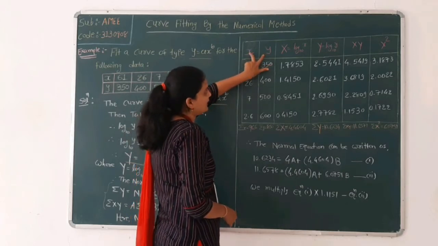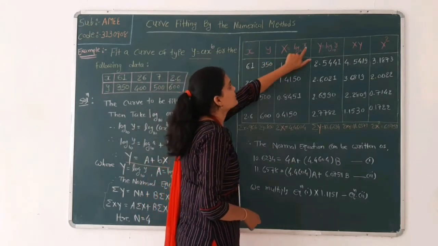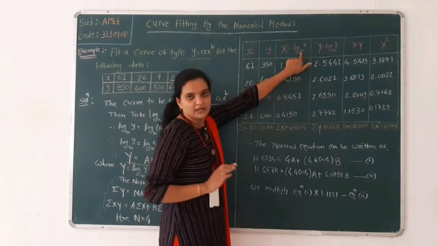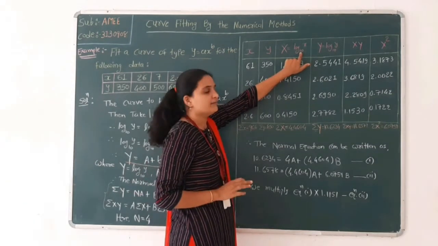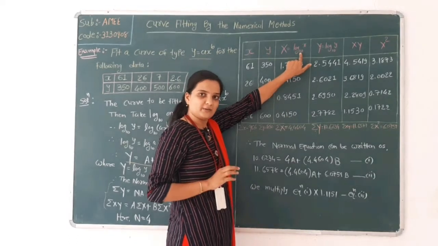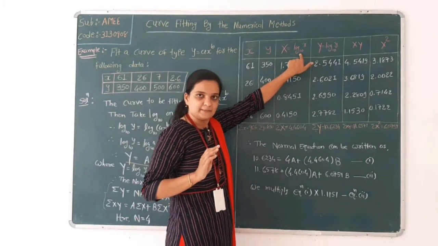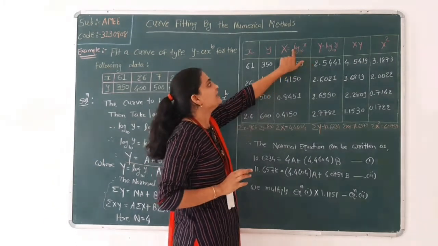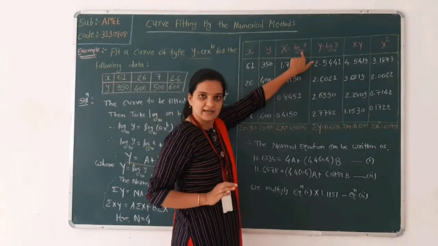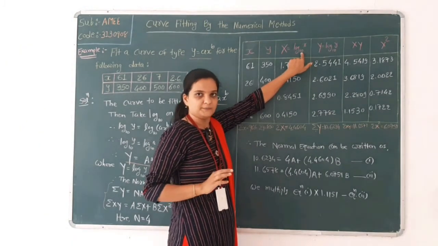From both values, we find capital X equals log small x to the base 10. If we have been given log to the base e, then in the calculator we use the key ln x, and if given log to the base 10, then we use the key log.